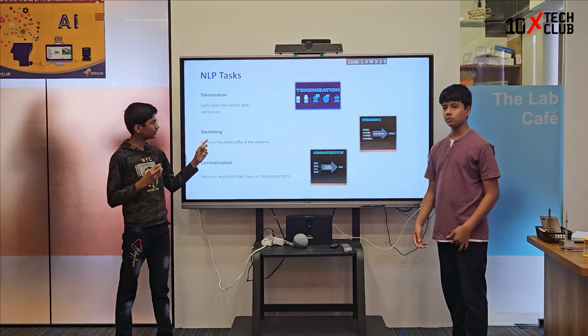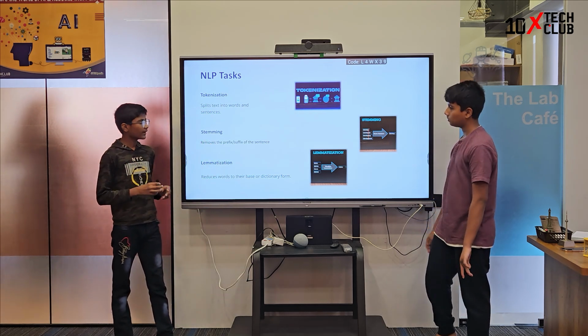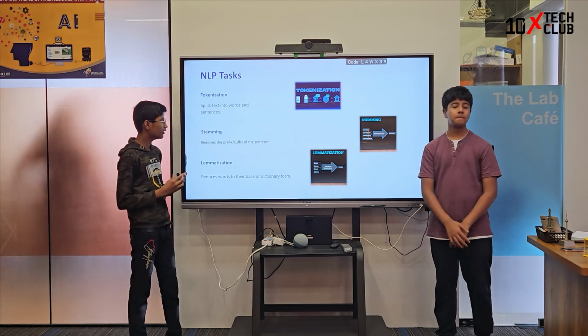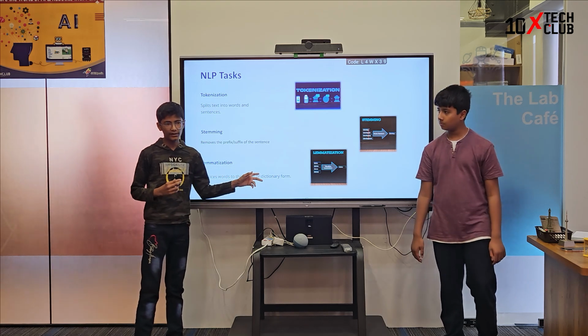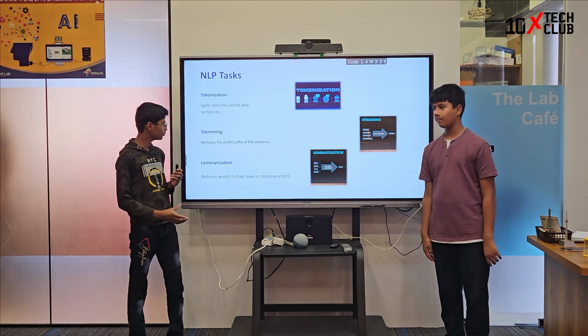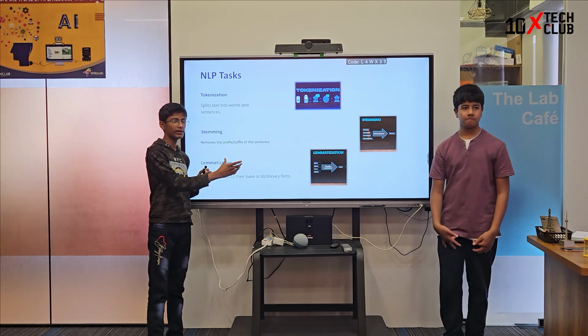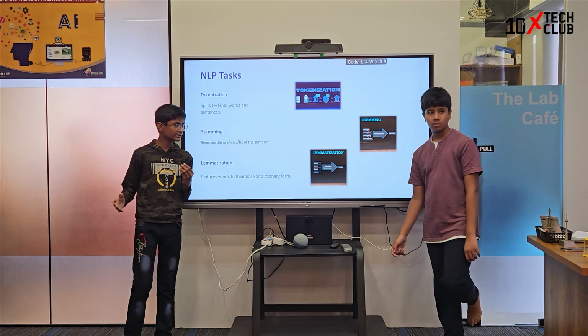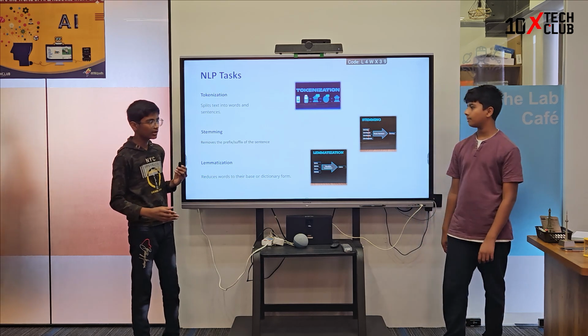NLP tasks. Tokenization breaks a sentence into words. Example: I like to play football, it breaks it into I, like, to, play, football. Stemming removes the prefix and suffix from a word.